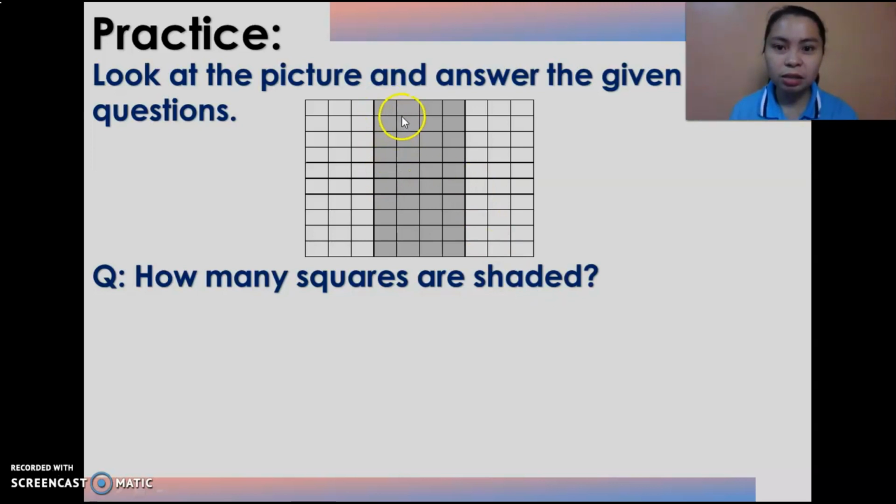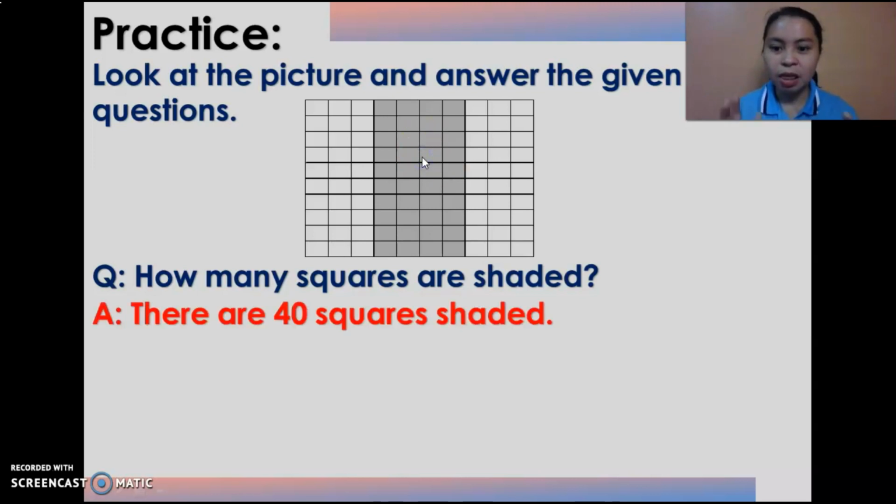So this is 10, 20, 30, and 40. So the answer would be, there are 40 squares shaded. Can you do it?